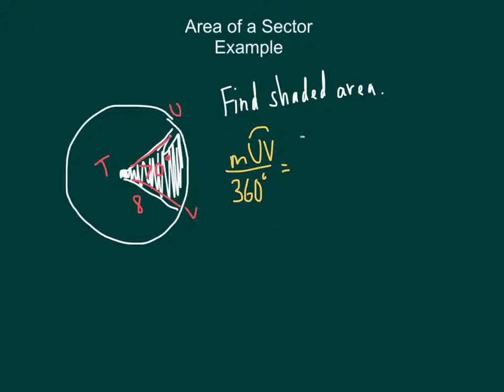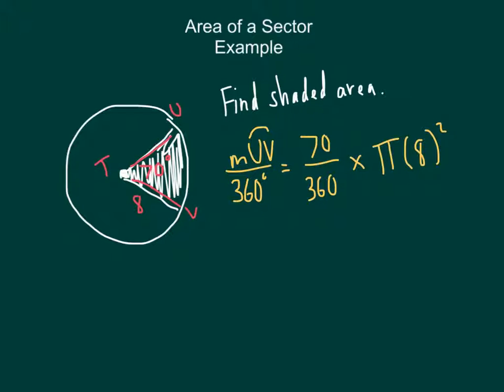When we plug in this 70, we get 70 over 360. And then we need to multiply this by the area of the entire circle. Well, we know that the area of a circle is pi times the radius squared. Well, the radius here is 8.